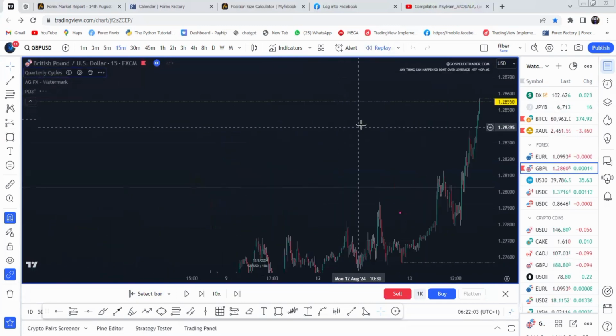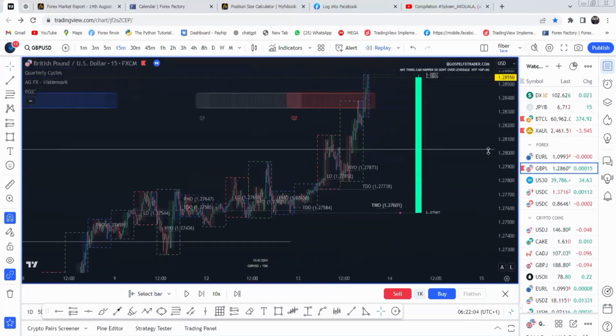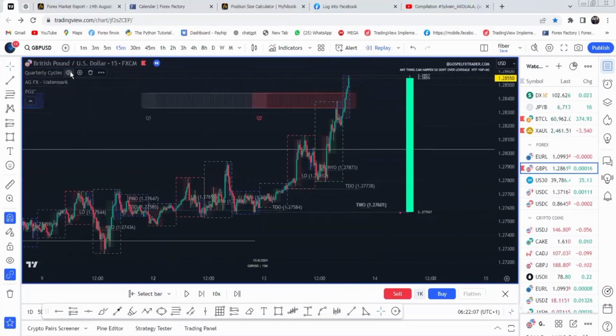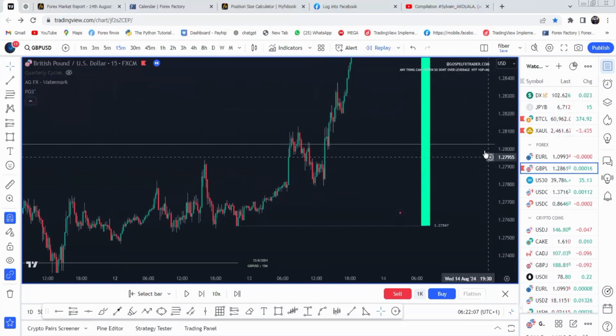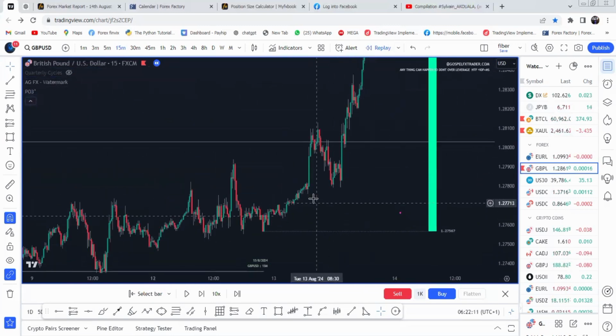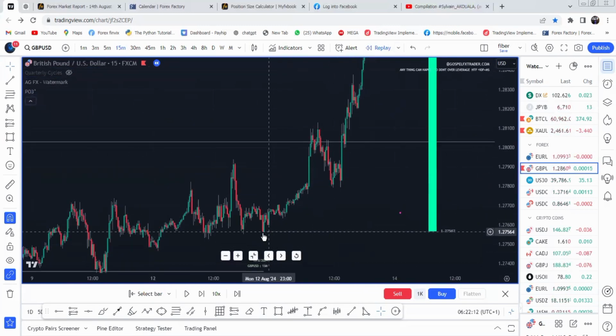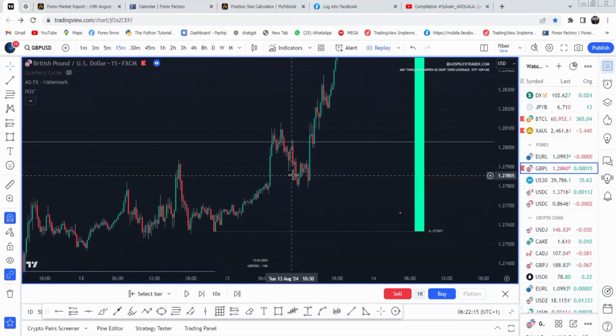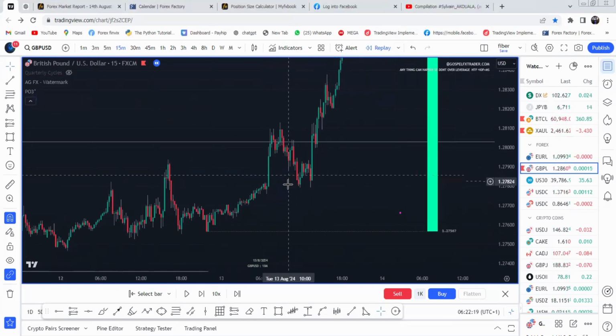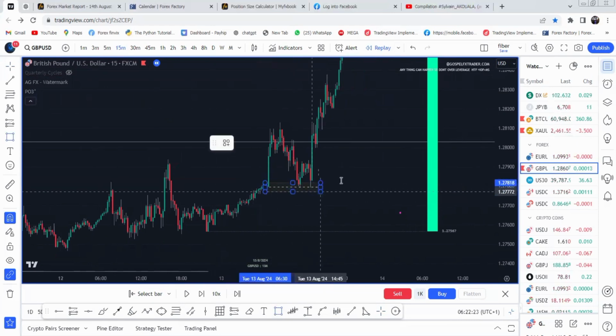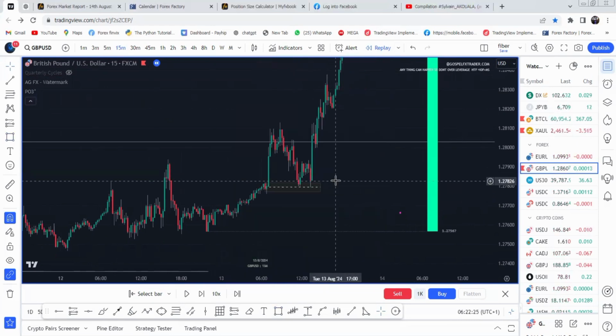Okay, so this is yesterday's candle, and then we had price like this. Look at this here. This was the low of yesterday, and this was during London session. In London session we had a beautiful order block here too, where price came back to it, and then we had a massive push back to the upside.